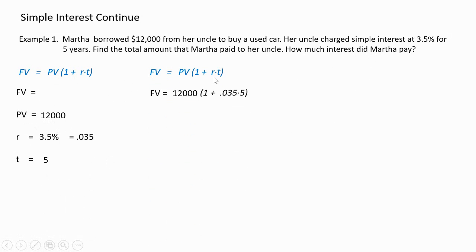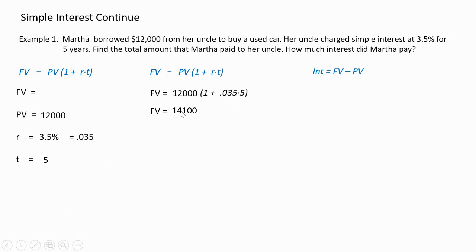There's my present value, there's my interest rate, which is 0.035, and there's my time, which is 5 years. Plug it in the calculator, and we get 14,100. So that's the total amount that Martha paid. Now to find the interest, we subtract the present value from the future value.